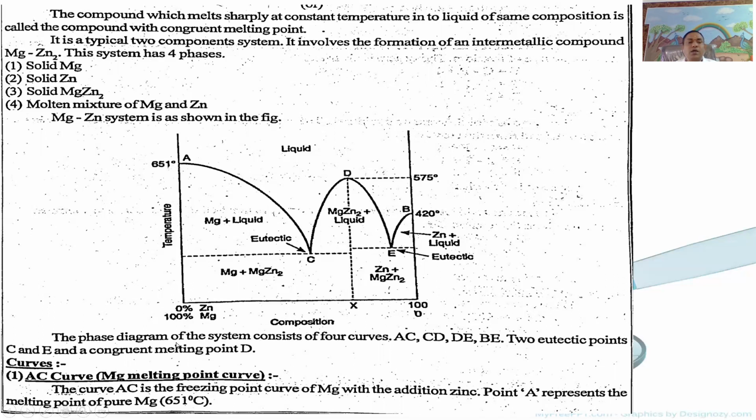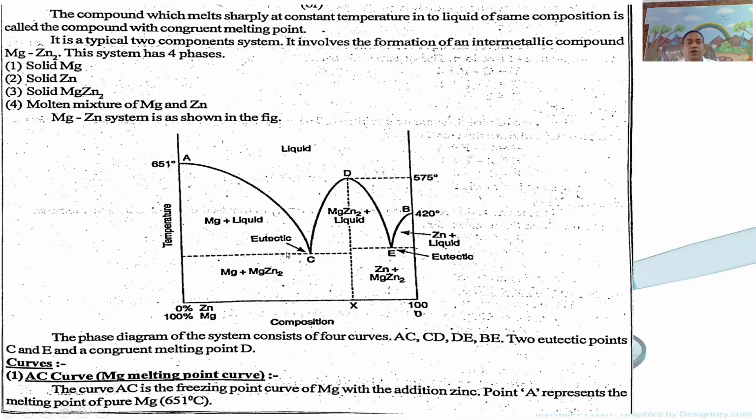The phase diagram consists of four curves, that is AC, CD, DE and EB. There are two eutectic points, C and E, and a congruent melting point, D.